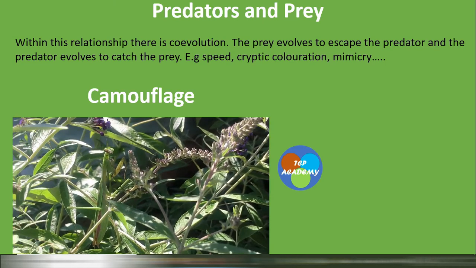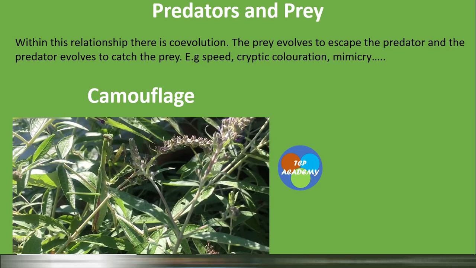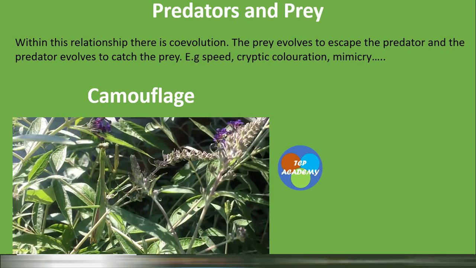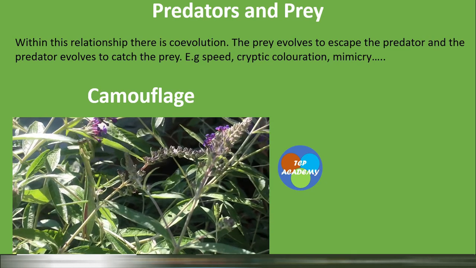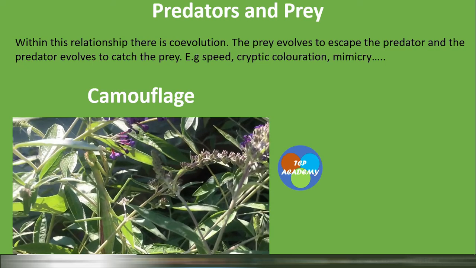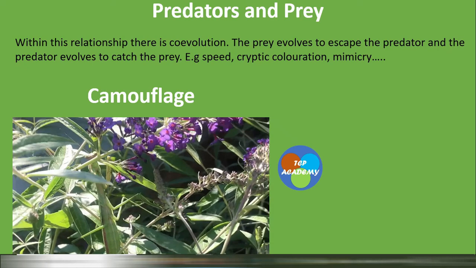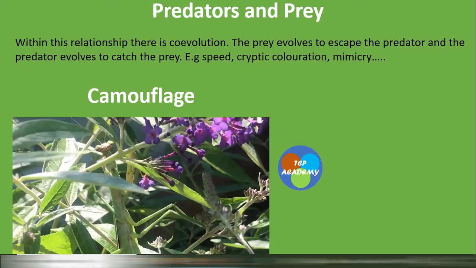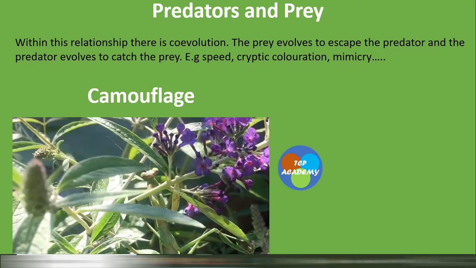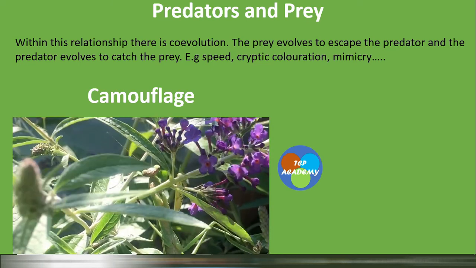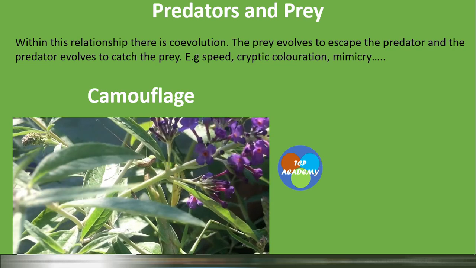These are just some of the ways in which these organisms evolve. They might become faster, that's speed. They might take on cryptic coloration, pretty much the same thing as camouflage, or mimicry, in order to escape each other.